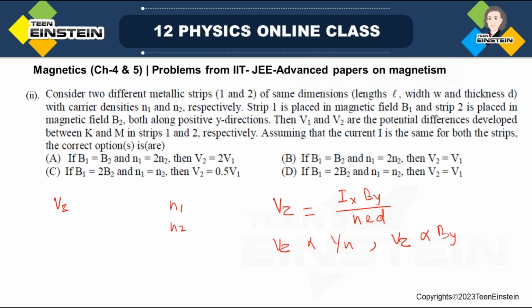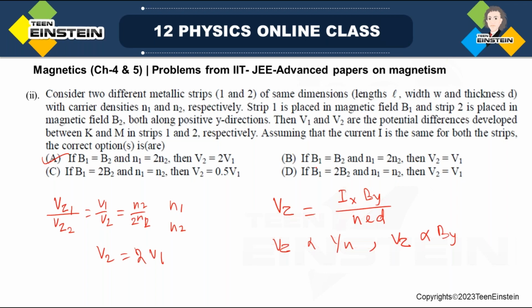V_z is inversely proportional to N, so V1 by V2 will be N2 by N1, and N1 is 2N2, so it is half. So V2 is equal to 2V1. So option A is correct.